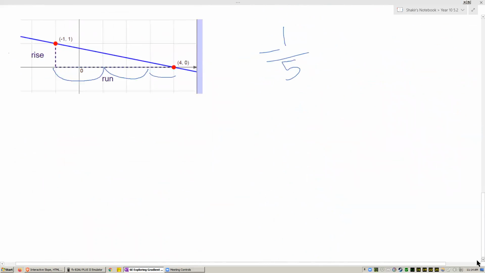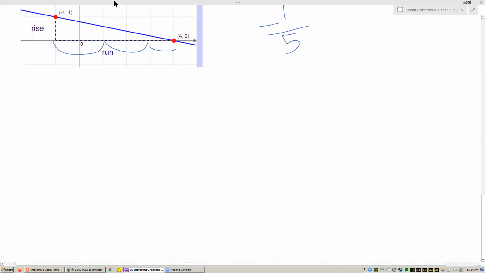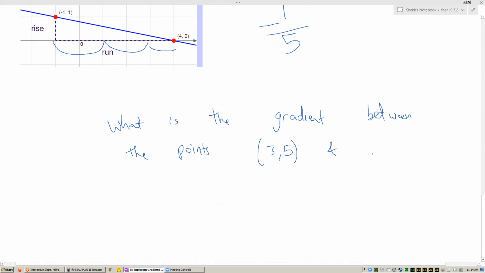Now, you might be wondering, why am I showing you the algebraic method at all? Well, sometimes you'll get a straight line, and sometimes it'll just be like, what is the gradient between the points. I'm just going to make something up: 3, 5, and, I don't know, -2, -4, whatever.